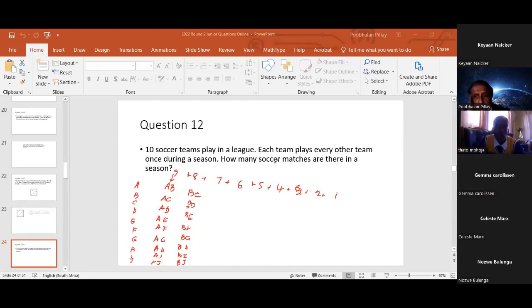That's the number of games. When you add all these numbers, 1 plus 2 plus 3, you'll get 45. Actually, you get 9 times 10 divided by 2. 2 goes into 10 5 times.